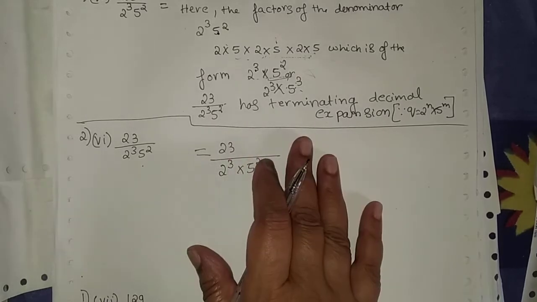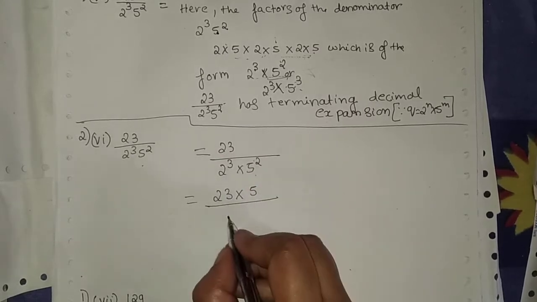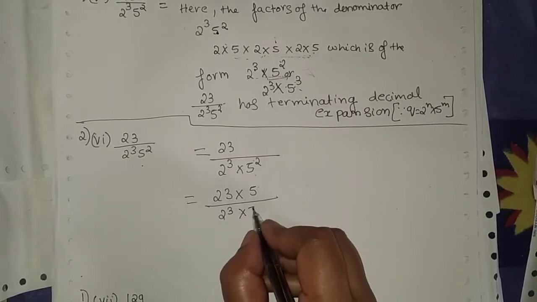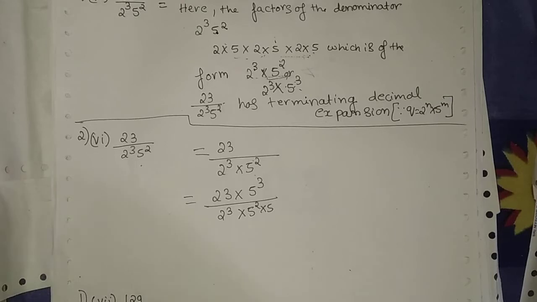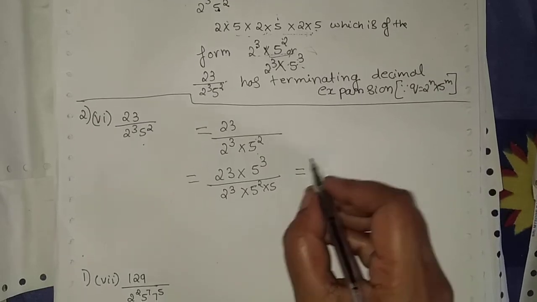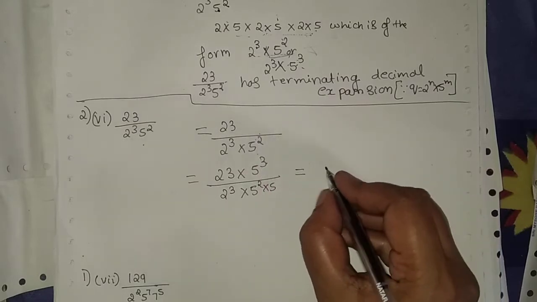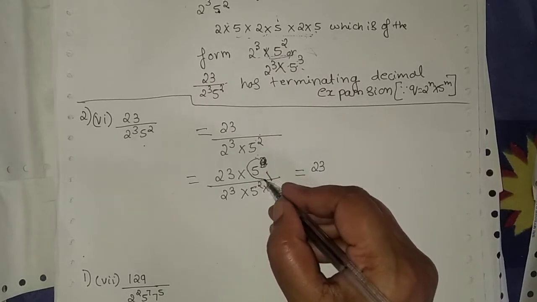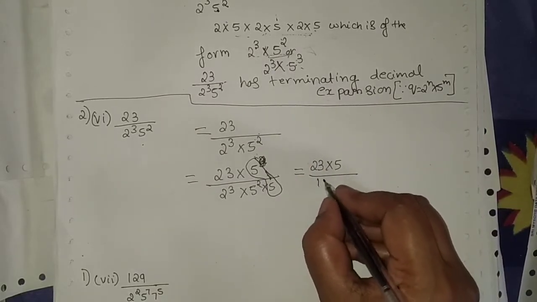So what we have to do here, 2 cube into 5, and make this power equal, therefore 2 cube into 5 square into 5, then this one we have to make it cube. 5 is already there, so we have to include only one 5. So 23 into 5 by 1000.